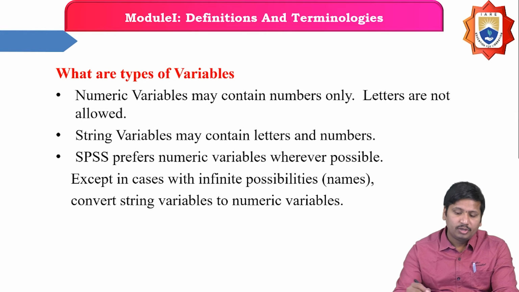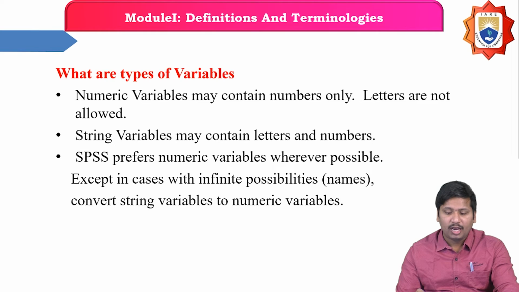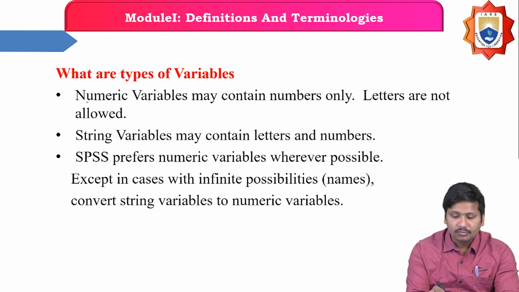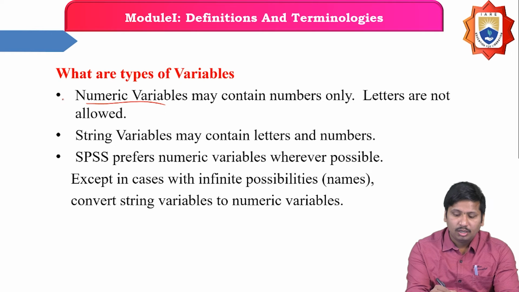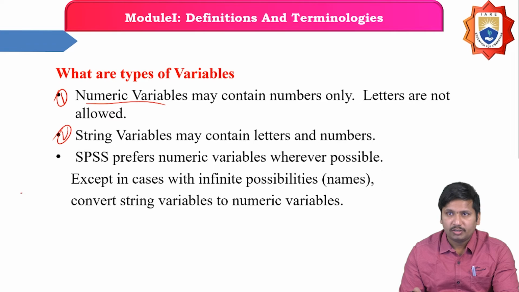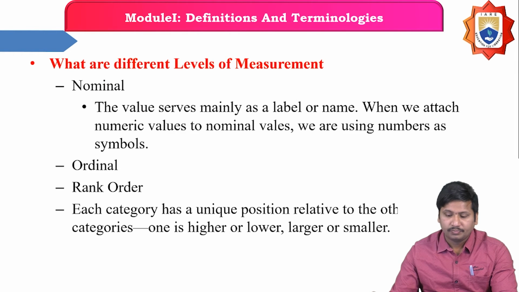So the different types of variables are numeric variables, which contain only numbers, and string variables, which contain a combination of letters and numbers. SPSS prefers variables that have been converted from string to numeric.